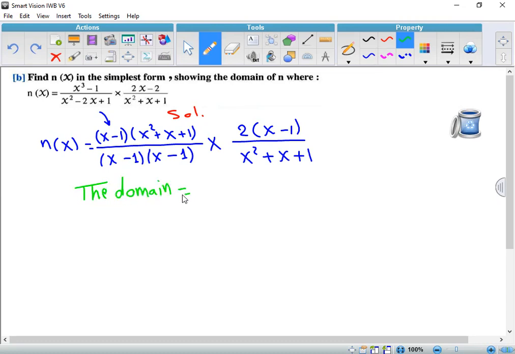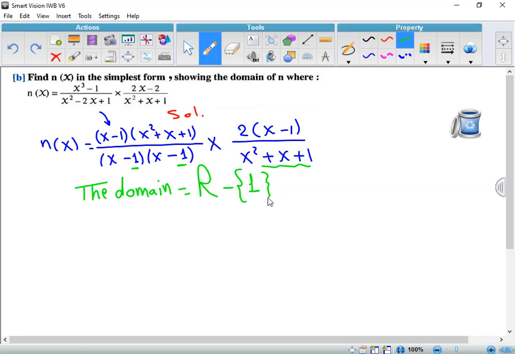The domain equals R without 1, not repeated, and here this is having zeros. Then we say R without.